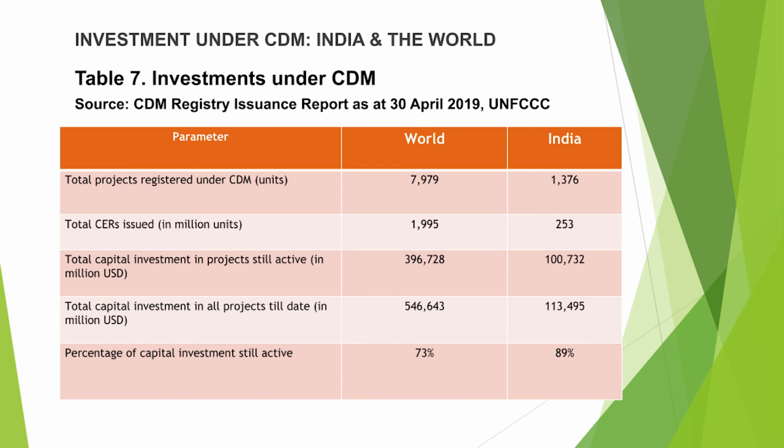Total capital investment is given here, and we are having a significant number in India as well. Total capital investment in all projects till date in million USD you can see worldwide, and there is a significant contribution from the Indian side as well. The percentage of capital investment still active is 73% worldwide, and in India we are having 89%.